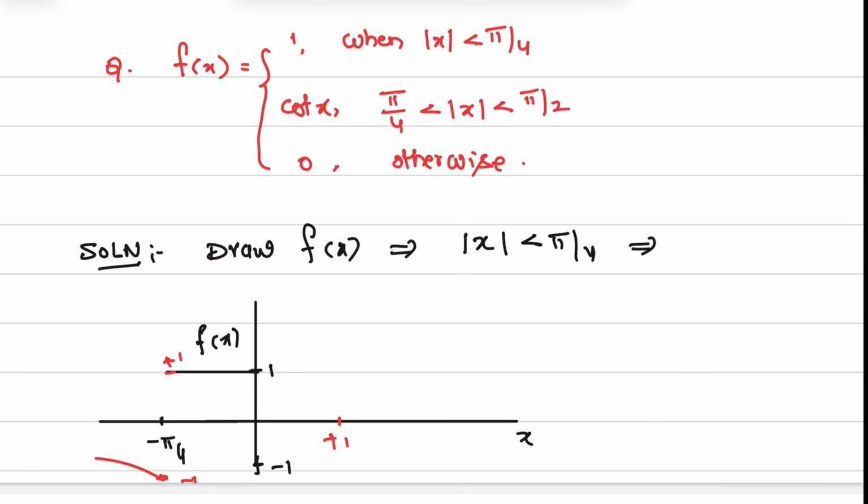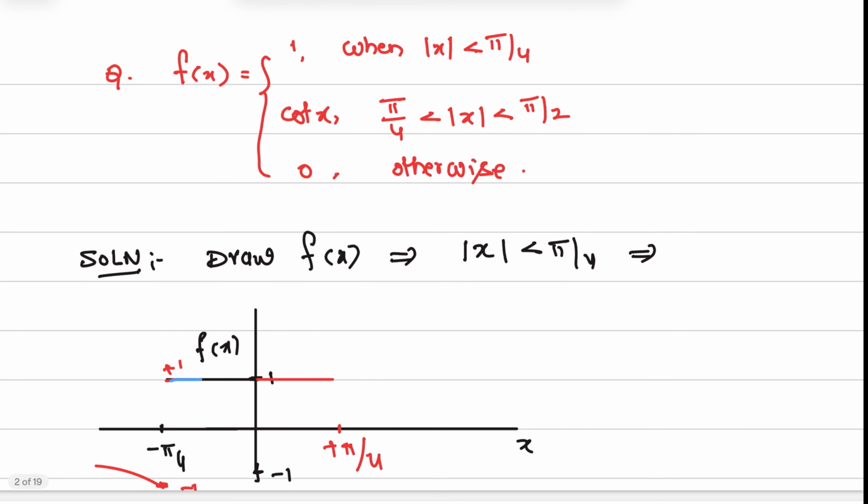Here it is plus pi by 4. What is happening to the function? The value 1 is getting extended. That means this is the value from minus pi by 4 to plus pi by 4. Jump is here. Jump is here.